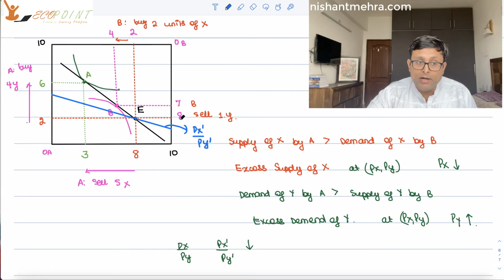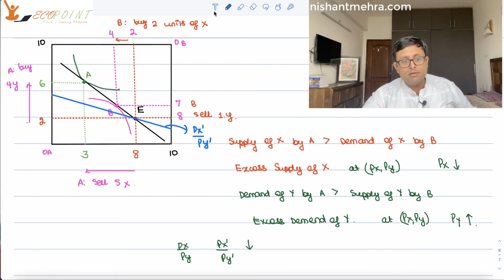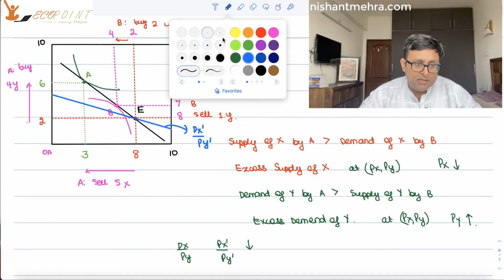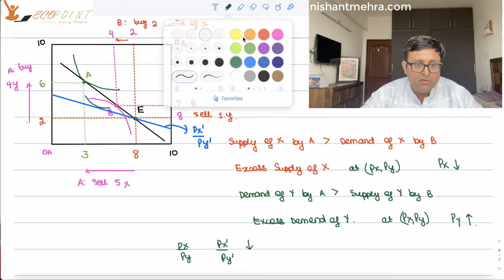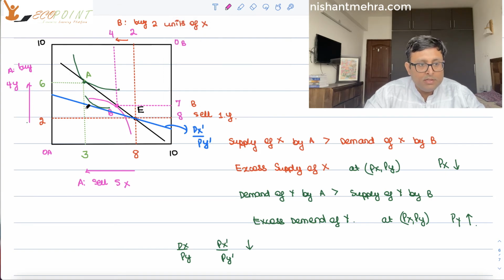And this change in prices is going to happen till all gains from the trade are exhausted. That means till the conditions are going to look like this. So this is going to be my indifference curve, and maybe this is going to be your indifference curve ultimately at this particular point.